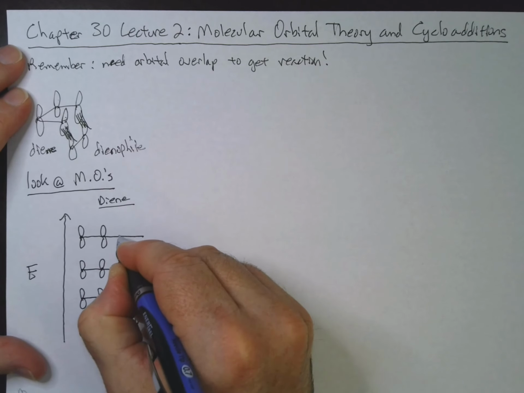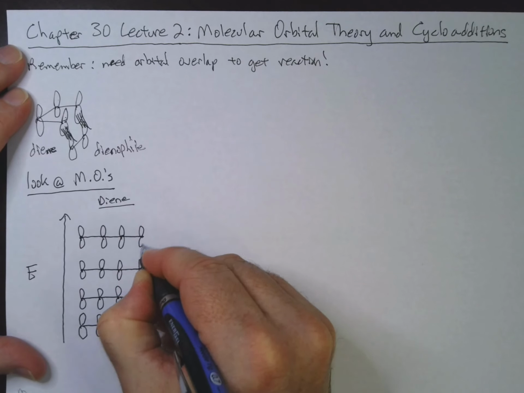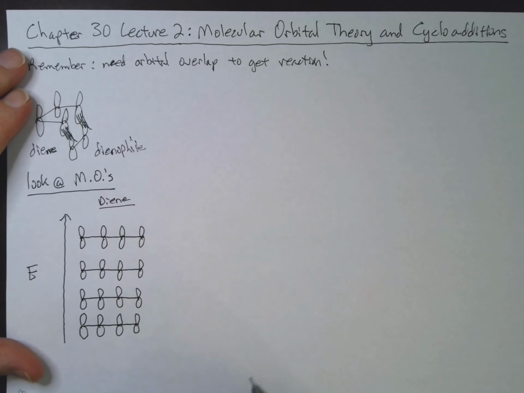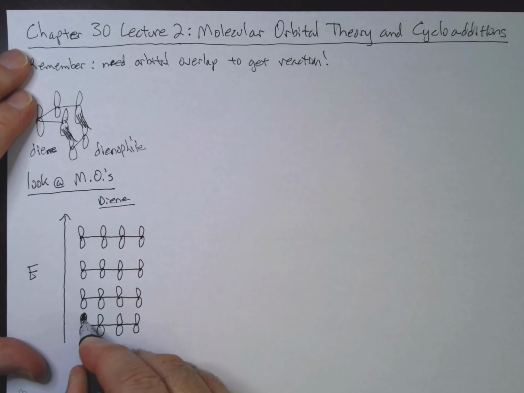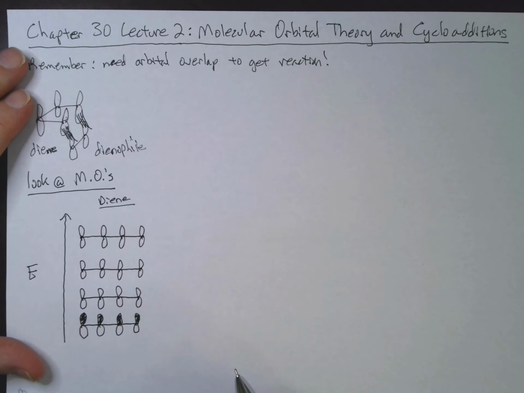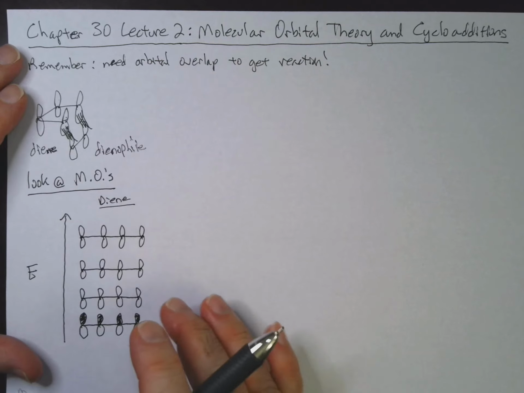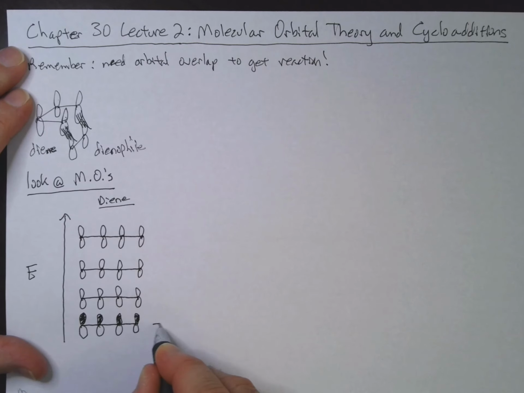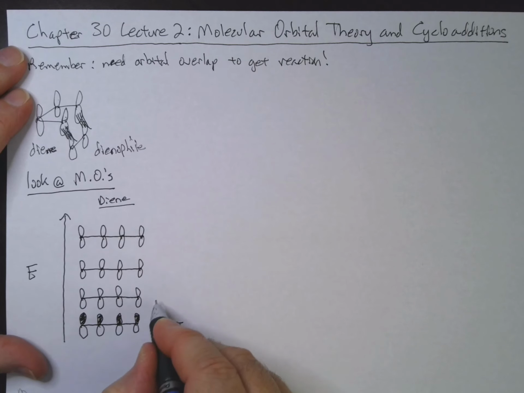They are the p orbitals added and subtracted in different ways. So at our lowest energy level, all of our p orbitals are in the same phase. You may remember this from a chapter 14 lecture video talking about the stability of conjugated dienes. So that's pi 1.